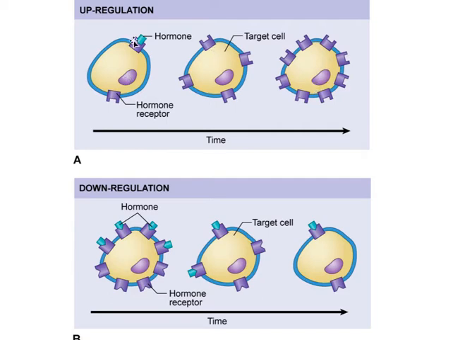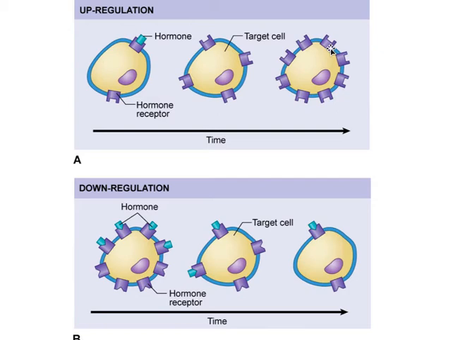So in this case, you have a target cell that only has 2 receptors shown. And what you can do is upregulate the receptors to 4 times as many, which would be 8 of them in our little picture. And if you have 8 receptors versus 2, this cell has now become more sensitive to that particular hormone.